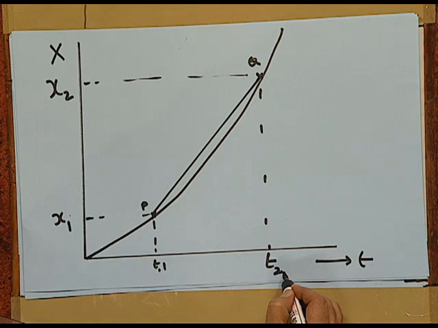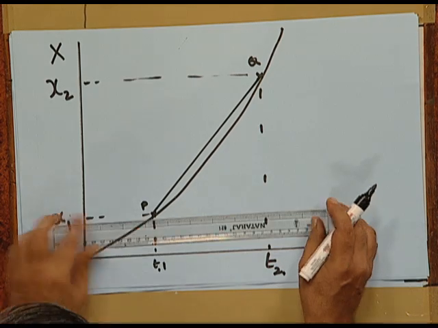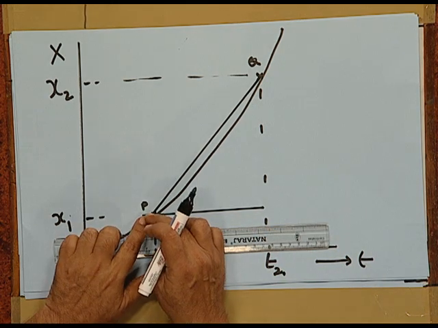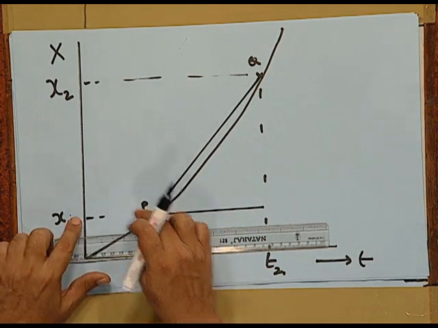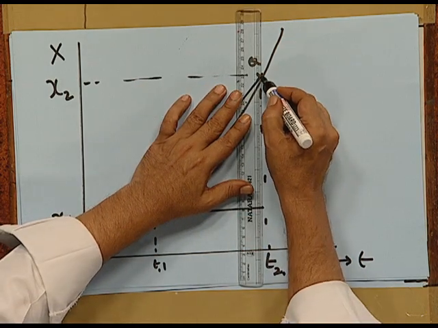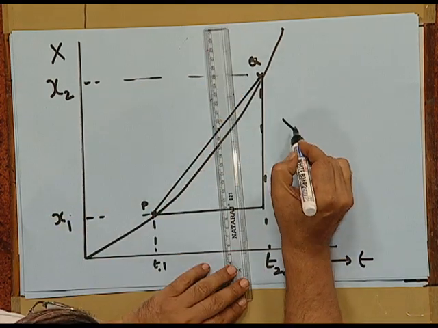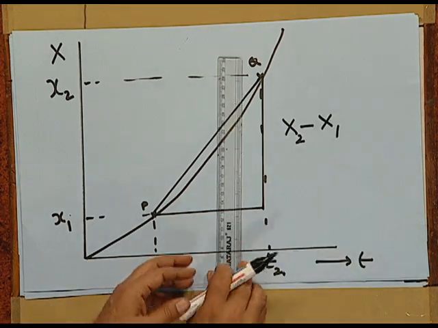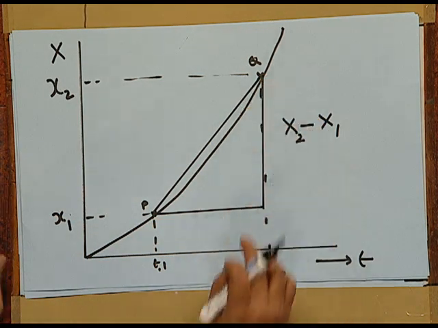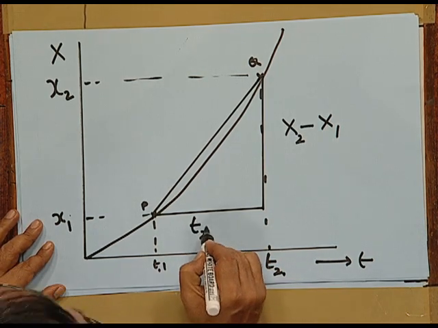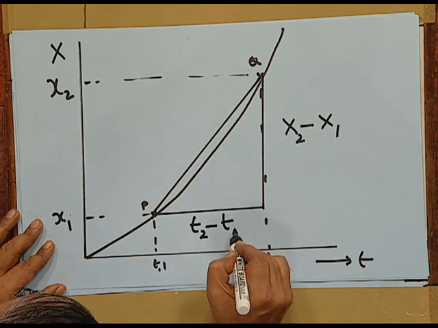Now, in the time interval t1 to t2, which is this interval, the object has changed its position from x1 to x2, which I represent here as x2 minus x1, which represents the change in the position, and this has occurred in the time interval t2 minus t1.